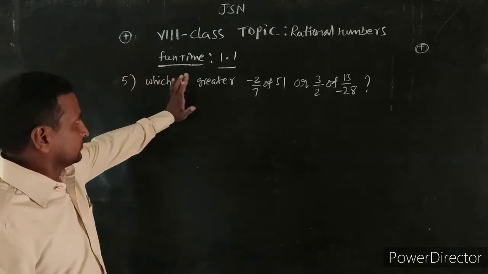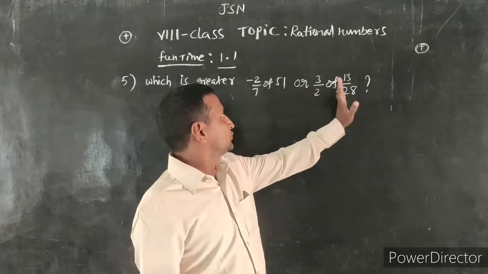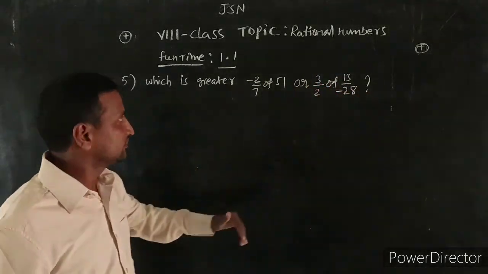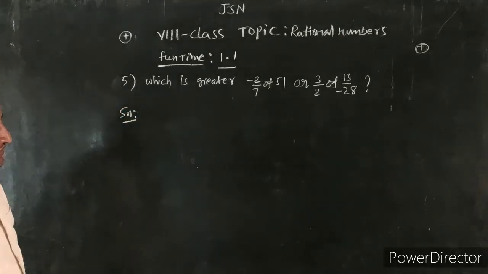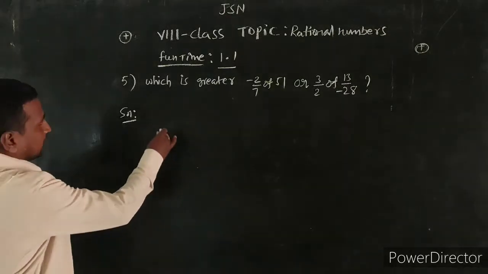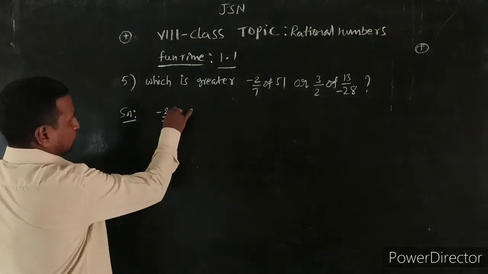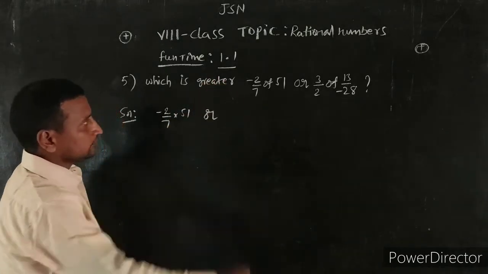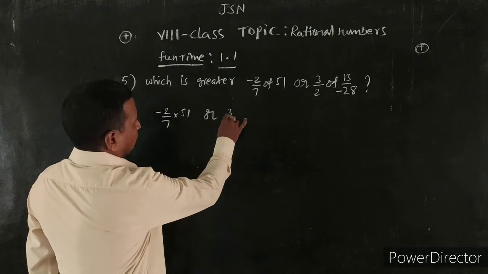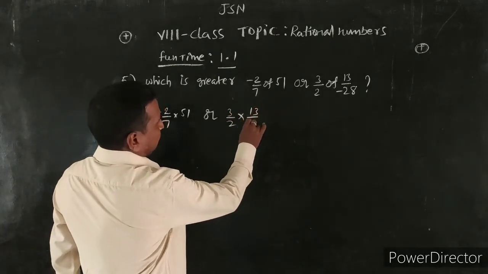Okay, which is greater? Minus 2 by 7 of 51 or 3 by 2 of 13 by minus 28. So compare here two numbers. One is minus 2 by 7 of, means the product, into 51, or 3 by 2 of, means the product, into 13 by minus 28.